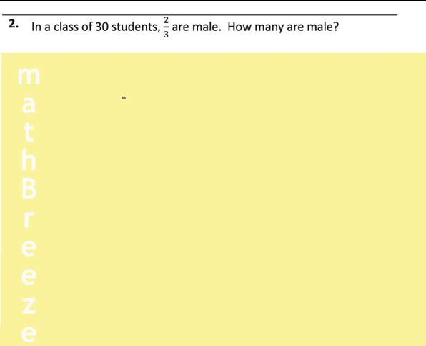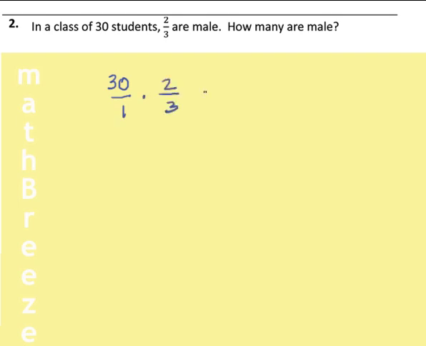Let's think about our mathematical method for doing this same problem. We said that we could multiply 30 by 1/3 to get 1/3 of 30, and to get 2/3 of 30, we can multiply 30 by 2/3.